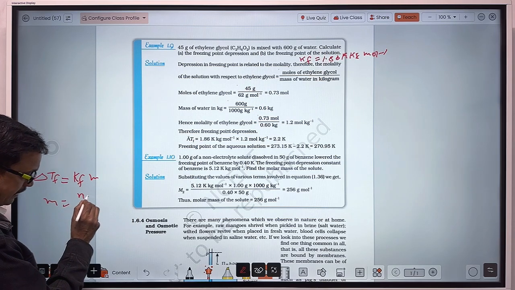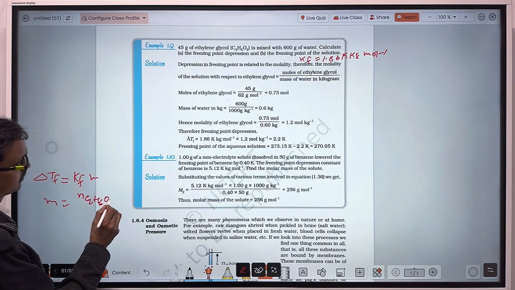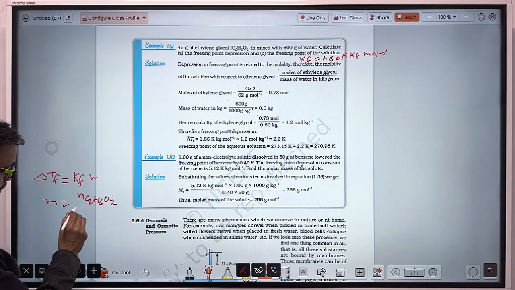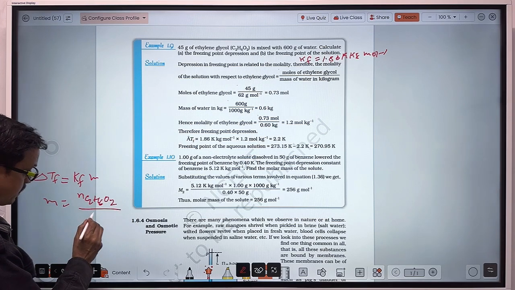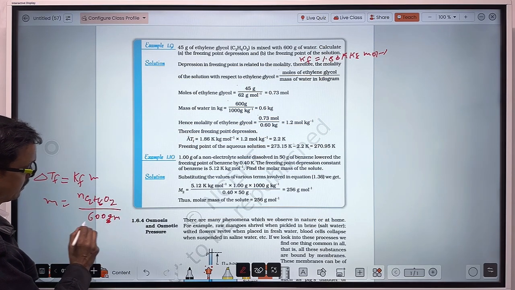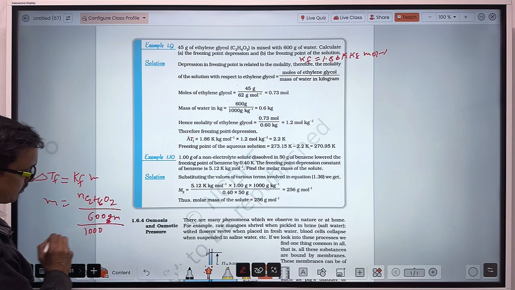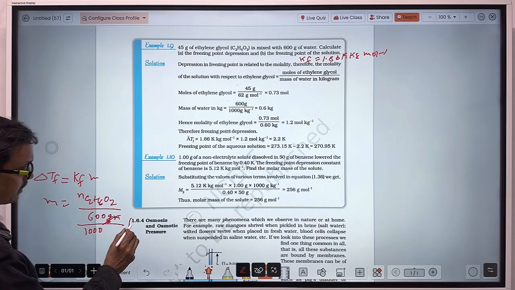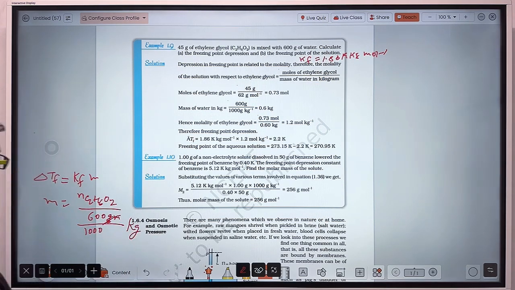The water is 600 gram, converted to kg by dividing by 1000. So that much will be in kg.